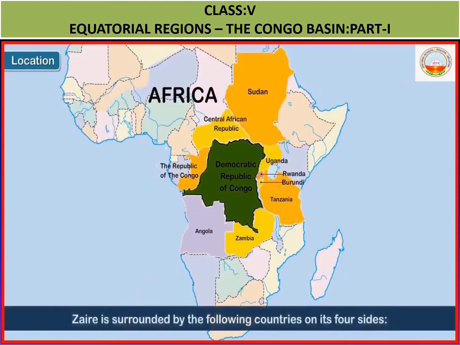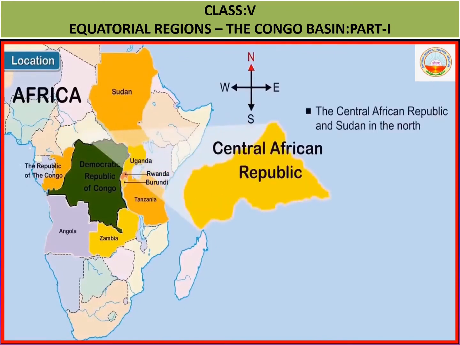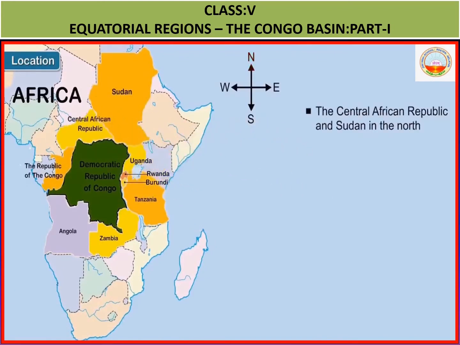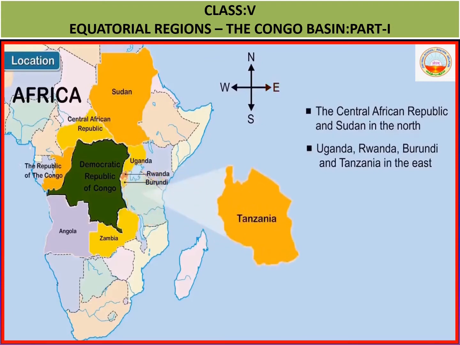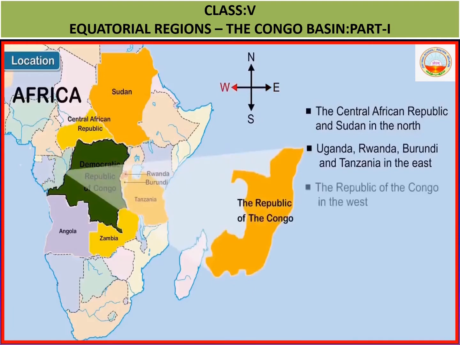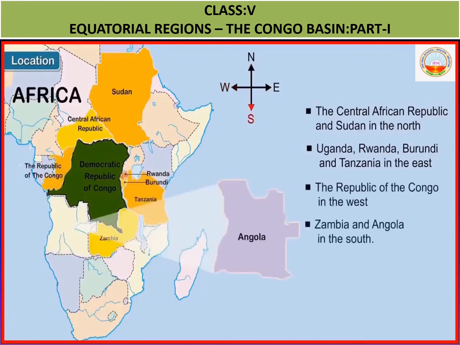Zaire is surrounded by the following countries on its four sides: the Central African Republic and Sudan in the north, Uganda, Rwanda, Burundi, and Tanzania in the east, the Republic of the Congo in the west, Zambia and Angola in the south.